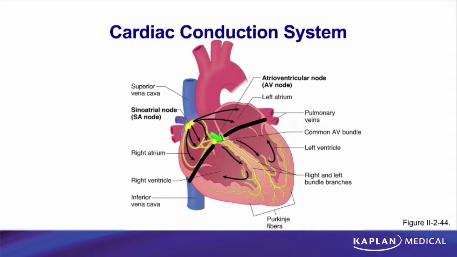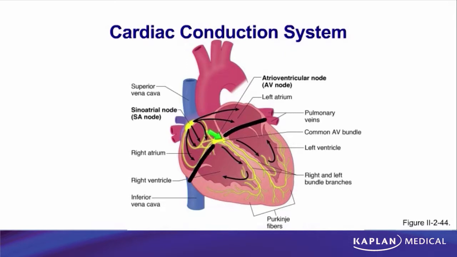That bundle of specialized cardiac muscle passes from the atrial septum into the ventricular septum, and thereby establishes an electrical communication between atrium and ventricle.